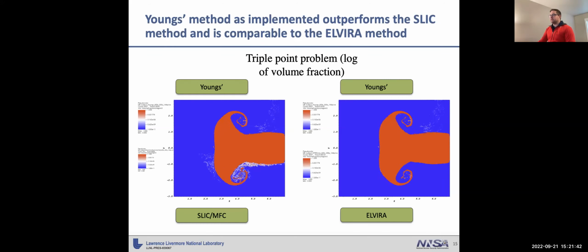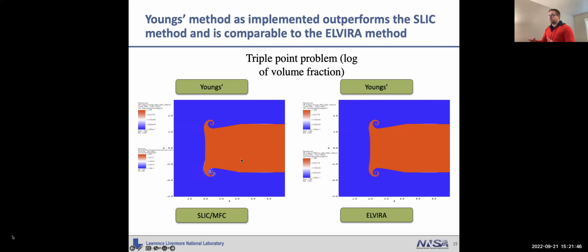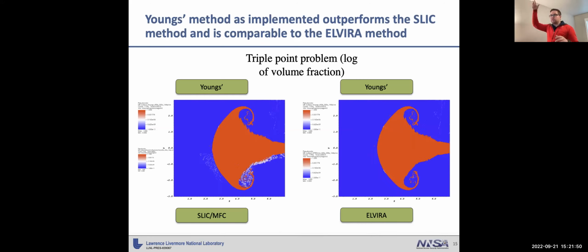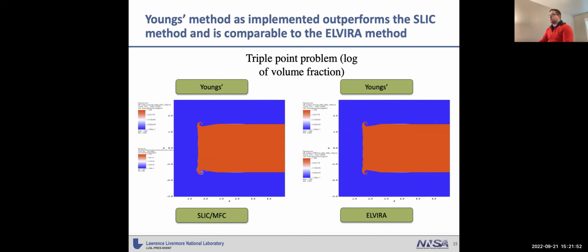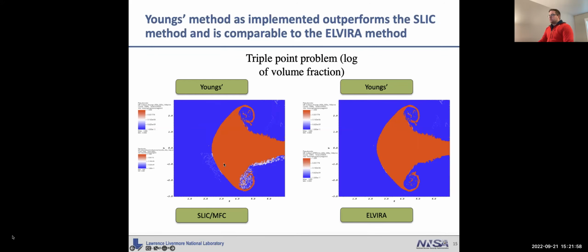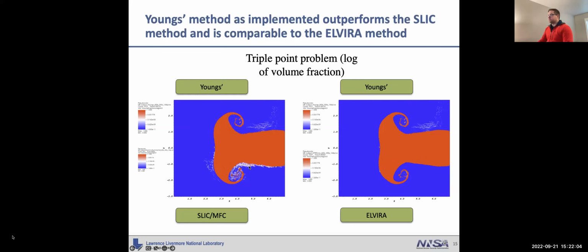We want to have as little of this as possible in our simulation, because it can really start to mess up other stuff. You don't want a piece of copper floating around your vacuum, right? Because it's going to mess up a lot of your thermodynamic variables. So the Slick implementation, as a lower order method, has lots of flotsam and jetsam, as you can see.